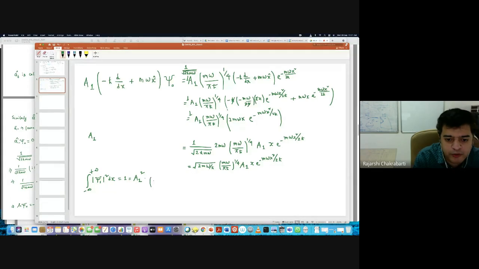If you make square of it, you're going to get, and then you have the integral. What is the integral? This is the integral.